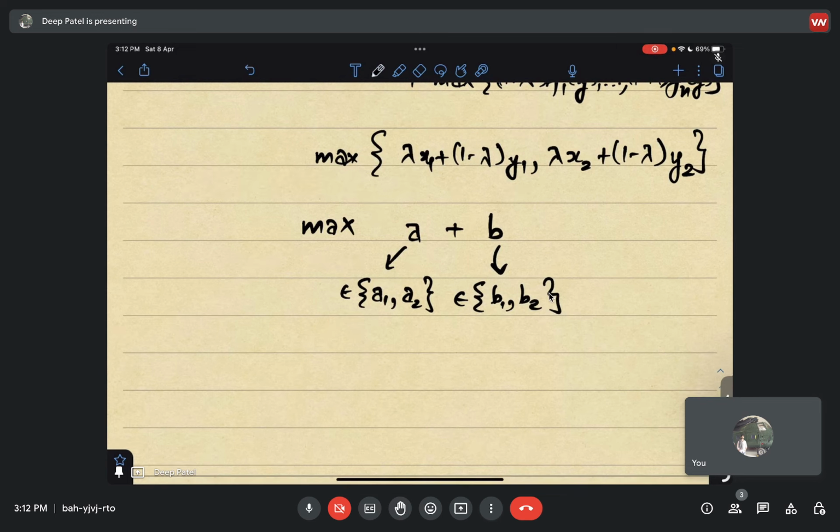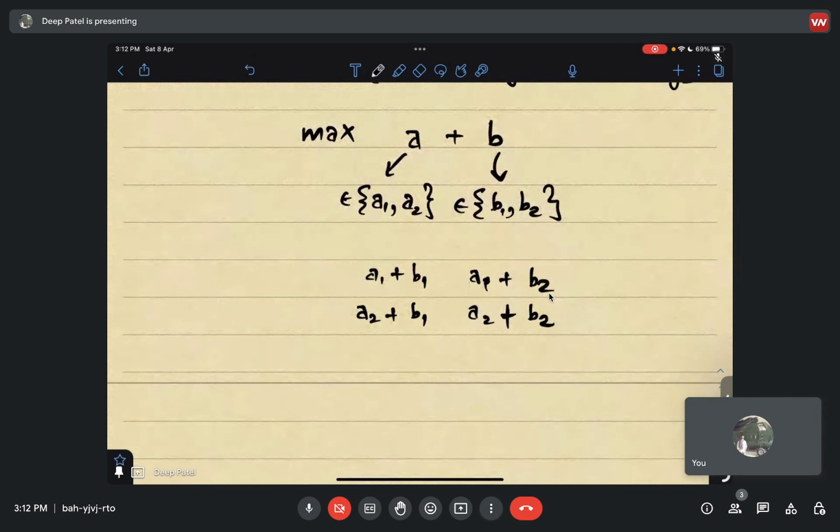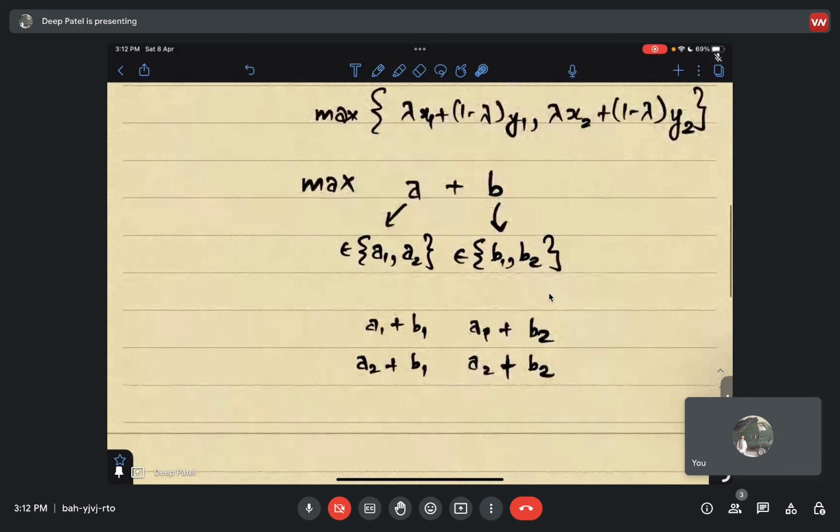There are four combinations, right? a1 plus b1, a1 plus b2, a2 plus b1, a2 plus b2. Now you can compare each of them. I don't know whether the ordering is such that a1 precedes a2 or something.